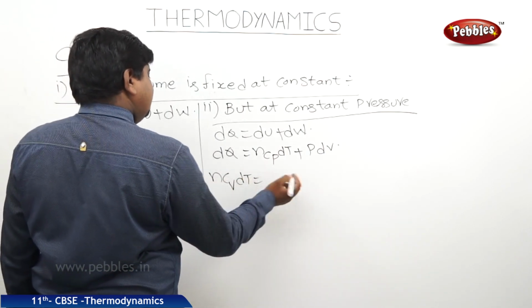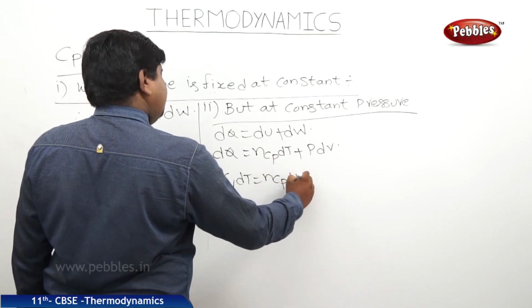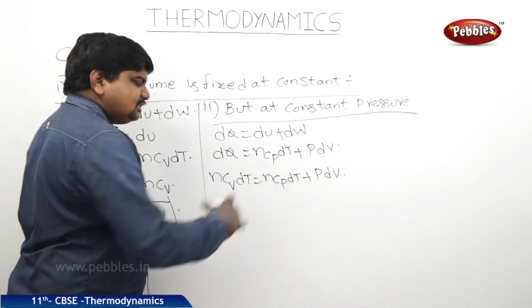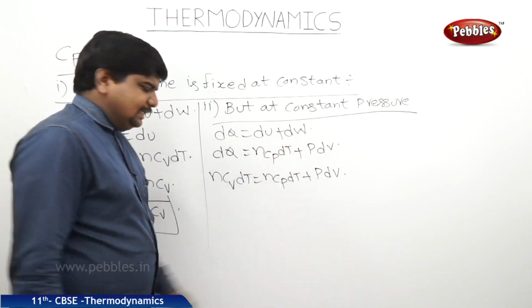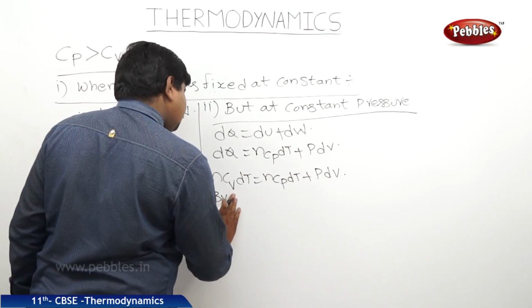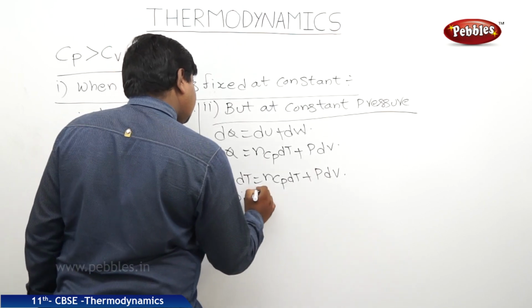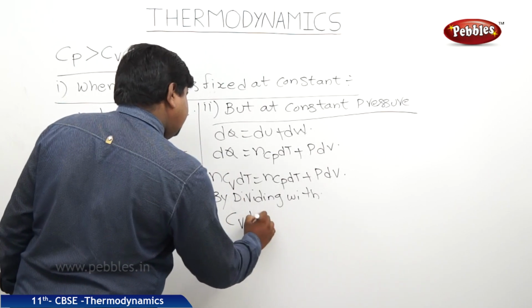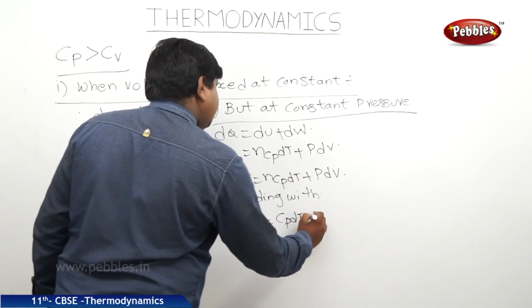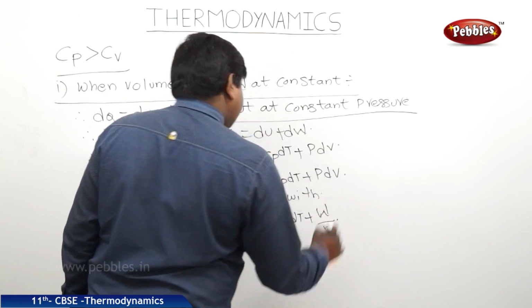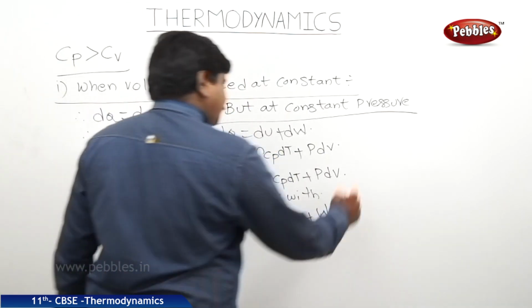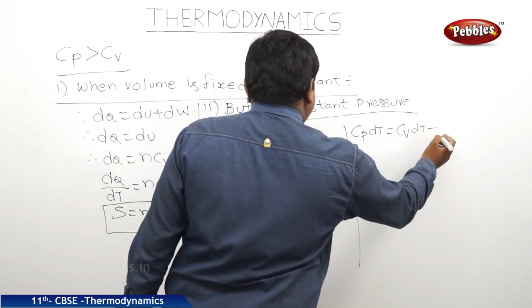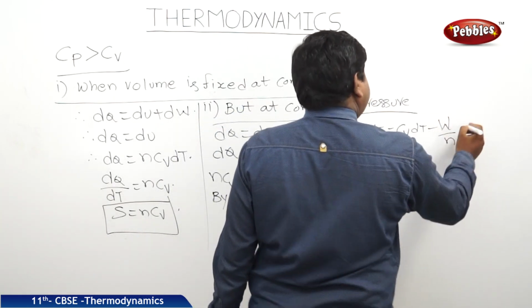Therefore ncv dt is equal to ncp dt plus pdv. Dividing both sides by n, this will become Cv dt is equal to Cp dt plus W by n. So Cp dt is equal to Cv dt minus W by n.